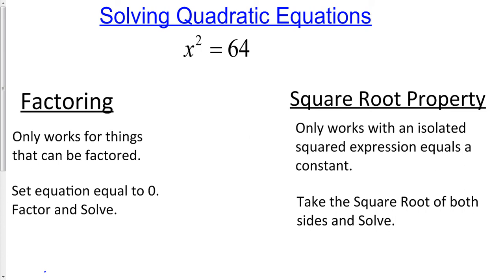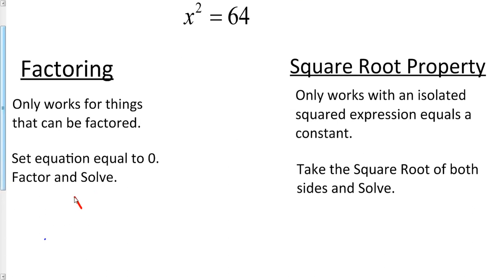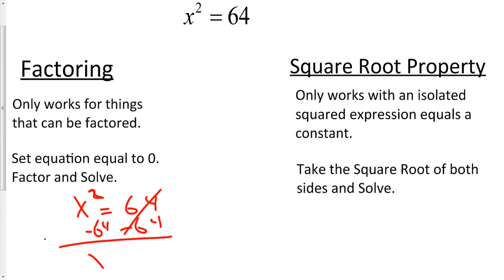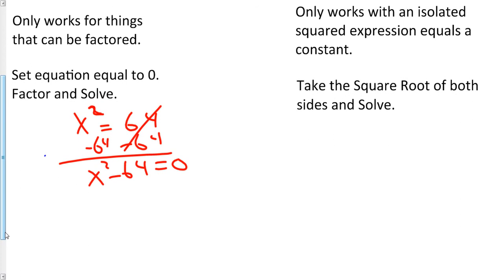For this case, if I use factoring, I have to take what I have and then move everything to one side, or do the additive inverses, to get my equation equal to 0. And then I would factor this. This is the difference of two perfect squares, which gives me x times x, and positive 8 and negative 8.